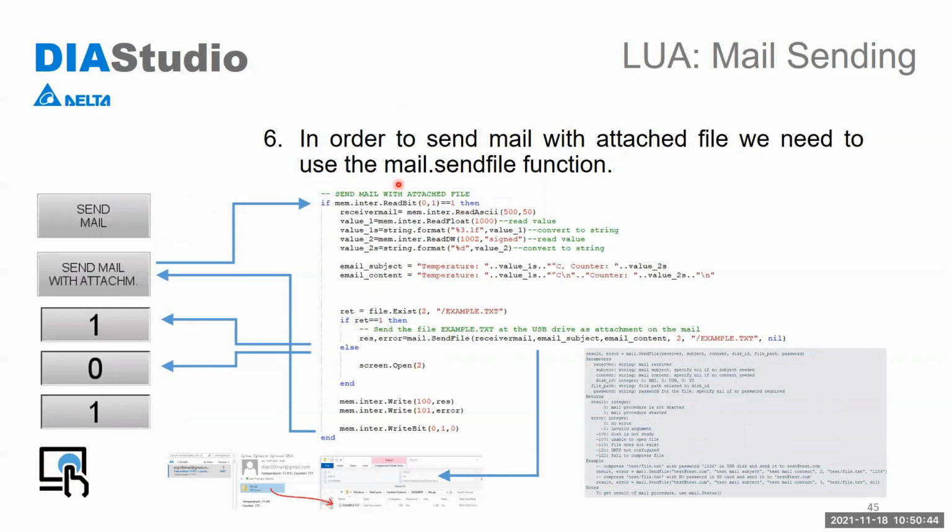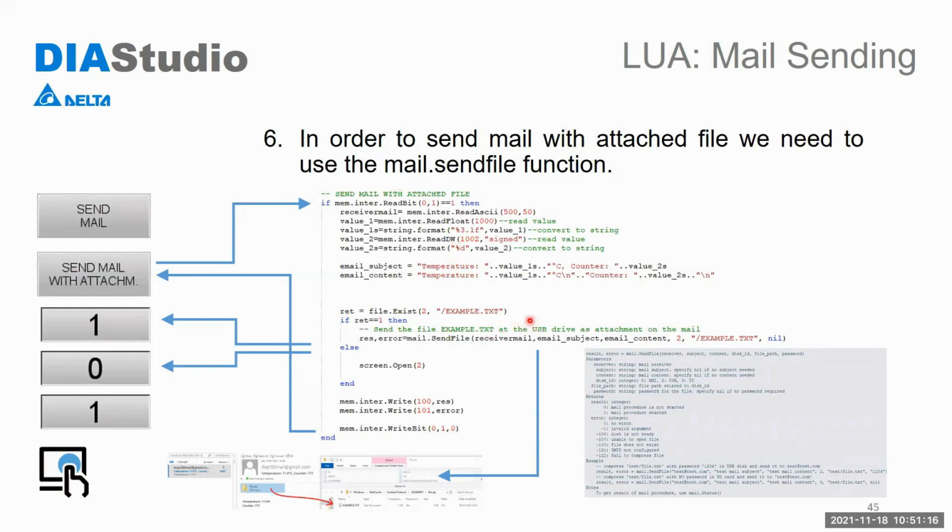This is very interesting when you want to share with someone a snapshot of when you have an alarm on the HMI, or you have created a data file by the use of file management instruction. You get a TXT file or CSV or whatever extension you want with the data inside, and you want to share it with anyone by mail. You can do it by simply using this instruction.